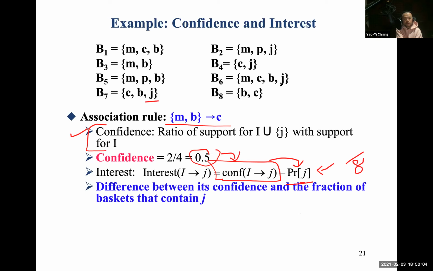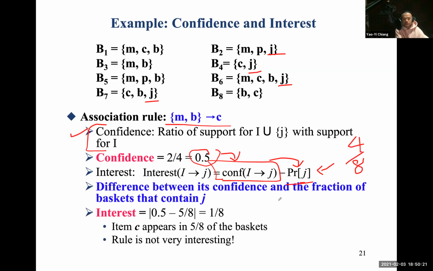1, 2, 3, 4. So this should be 4 over 8. Something's wrong here. I think we're supposed to be looking at C instead of J. Okay, yeah, right.